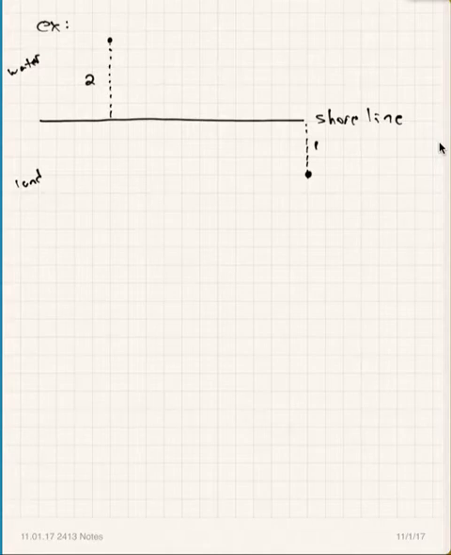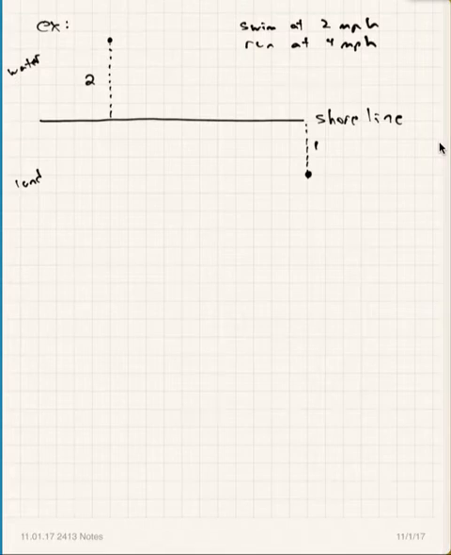Let's say that you can swim at 2 miles per hour, and you can run at 4 miles per hour.